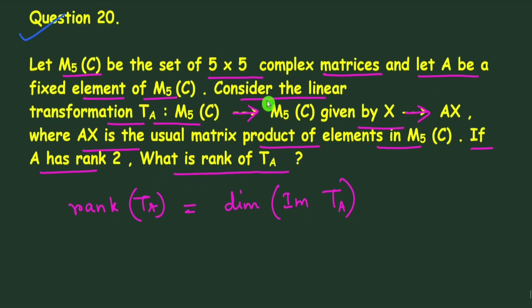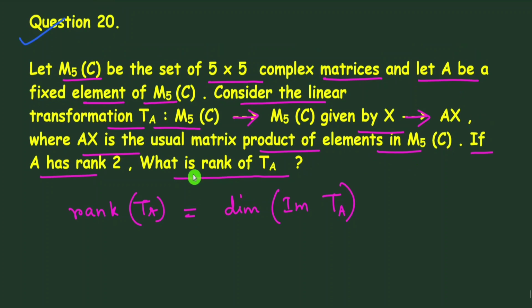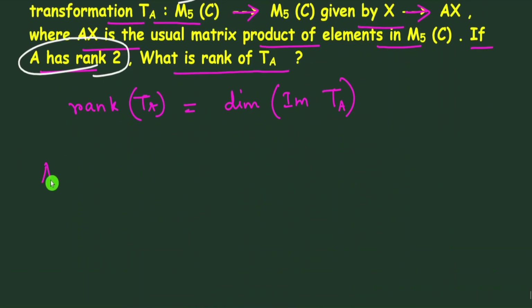Now it is given that the rank of the matrix A is 2. This information is very important, and A is fixed. Let A be a fixed element of M5C. This line is also important. Since A has rank 2 and the order of the matrix A is 5 by 5, we can take the matrix A with entries A11 and A22 on the diagonal and all other elements 0.